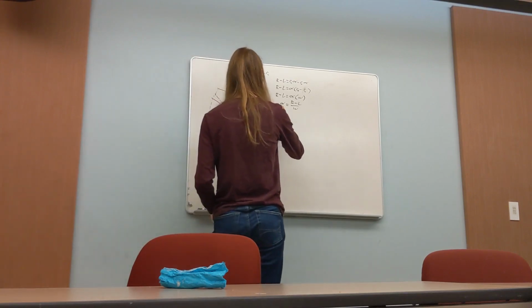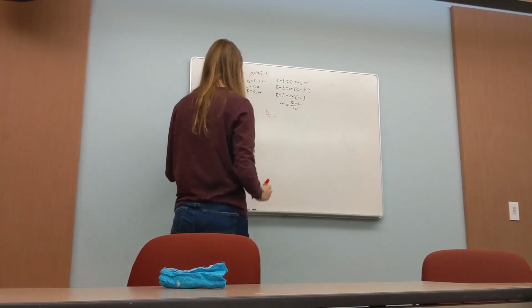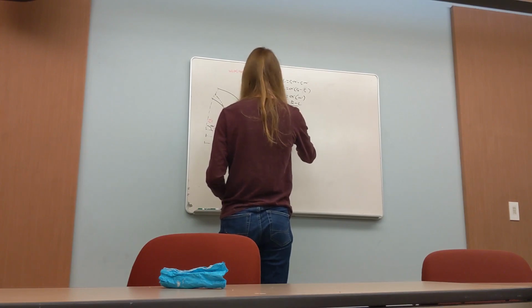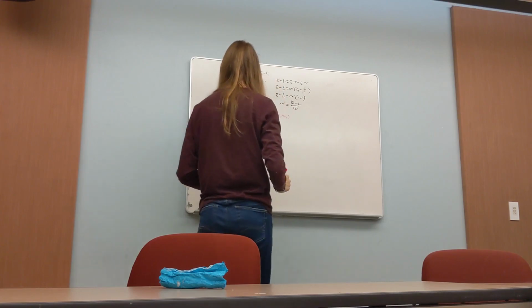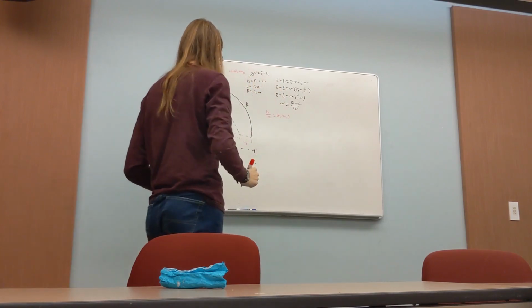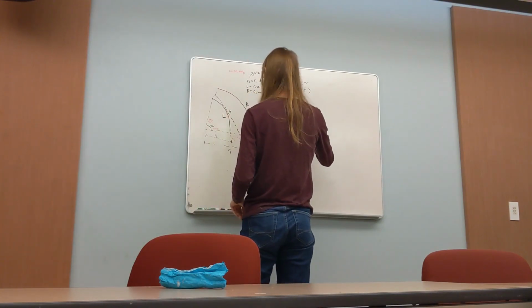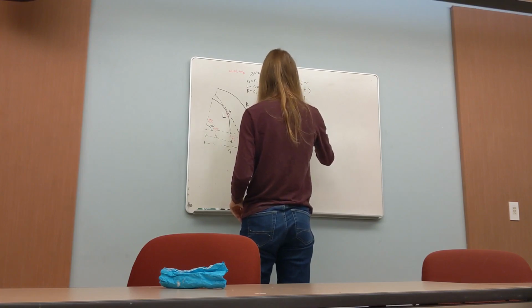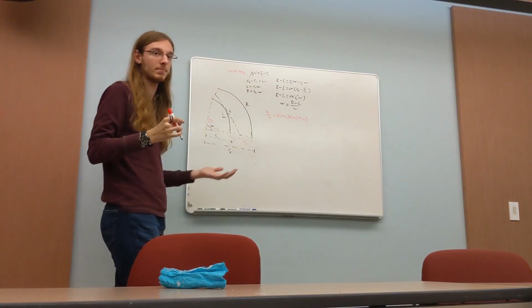So we get h over 2 is equal to RL plus WL multiplied by the sine of alpha over 2. Make sense to everyone?